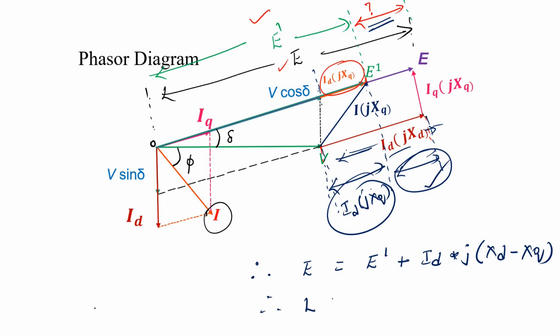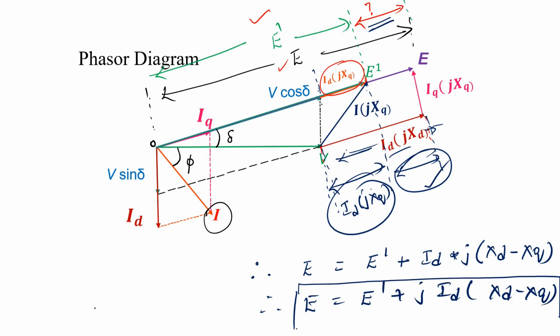Therefore, E is equal to E dash plus J ID into XD minus XQ. Okay, this formula also we need to remember. That means if they give the terminal voltage of the generator, and if you know only the ID and the XD and XQ components, then directly you can find the generated EMF.